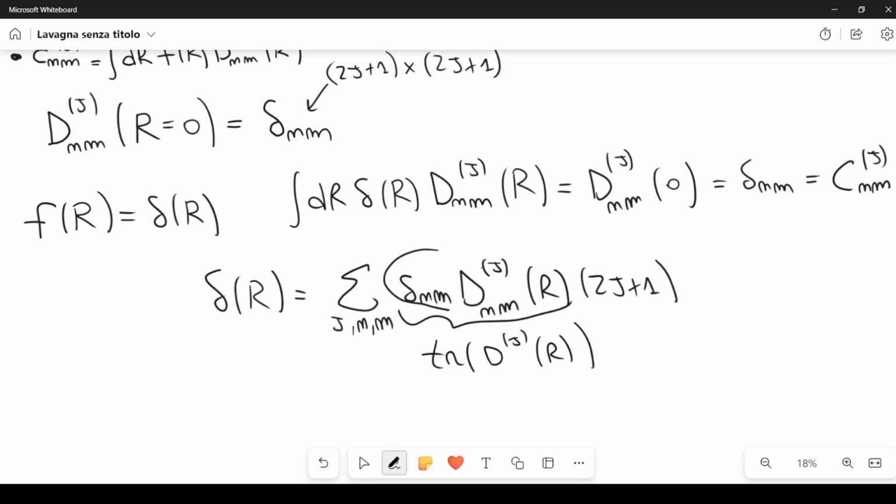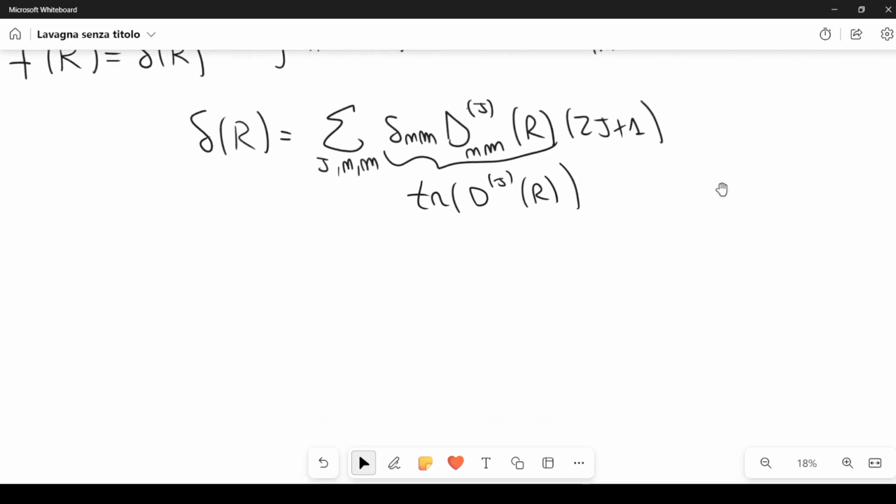So this is basically the trace of a matrix where the matrix is defined to be D^j of R. Simple as that. And this is an important formula that's also used in loop quantum gravity, for example. We can expand the Dirac delta, and this Dirac delta of a group appears in loop quantum gravity. This is just an example.